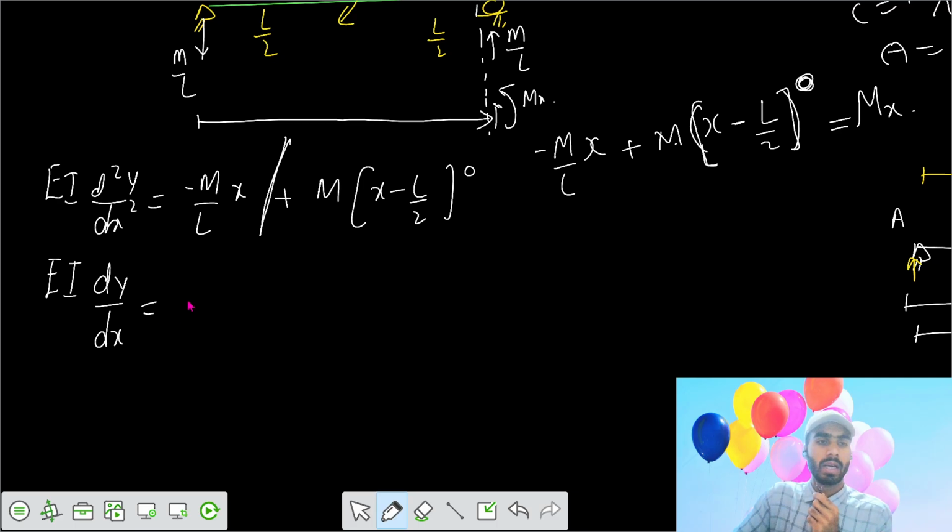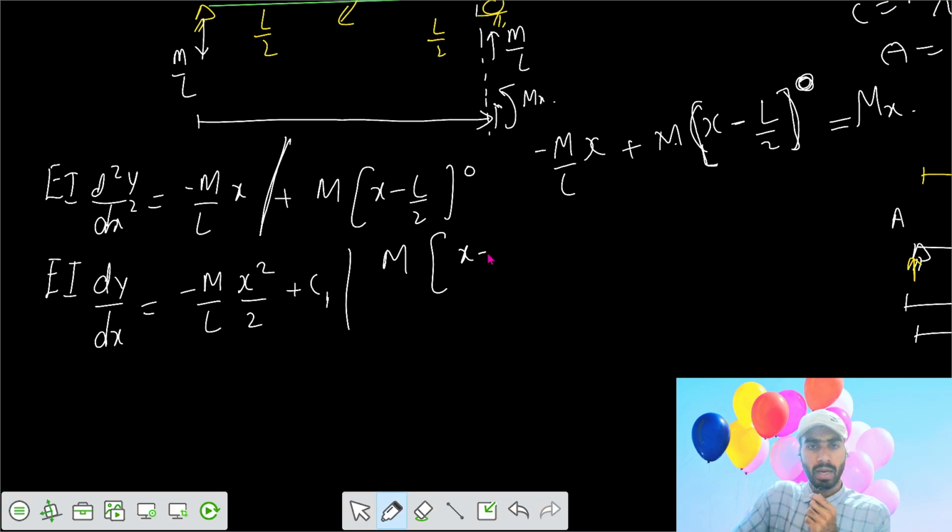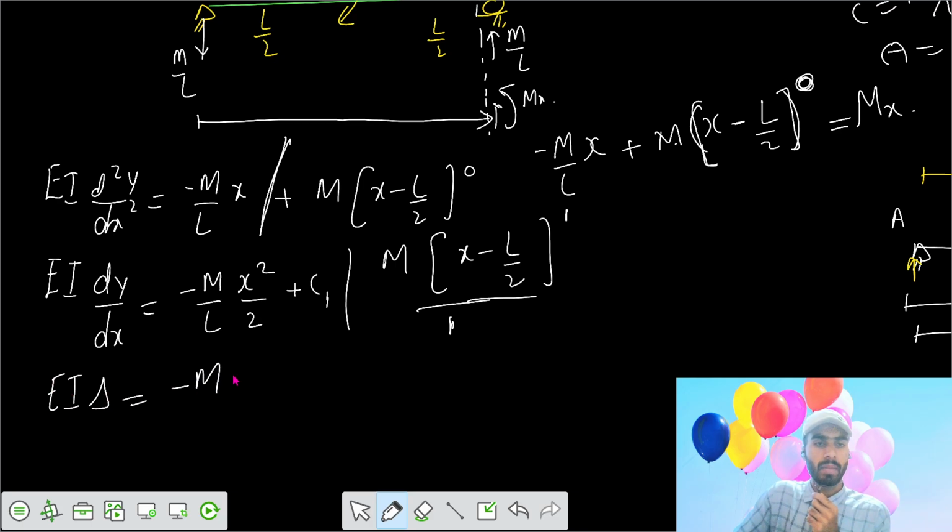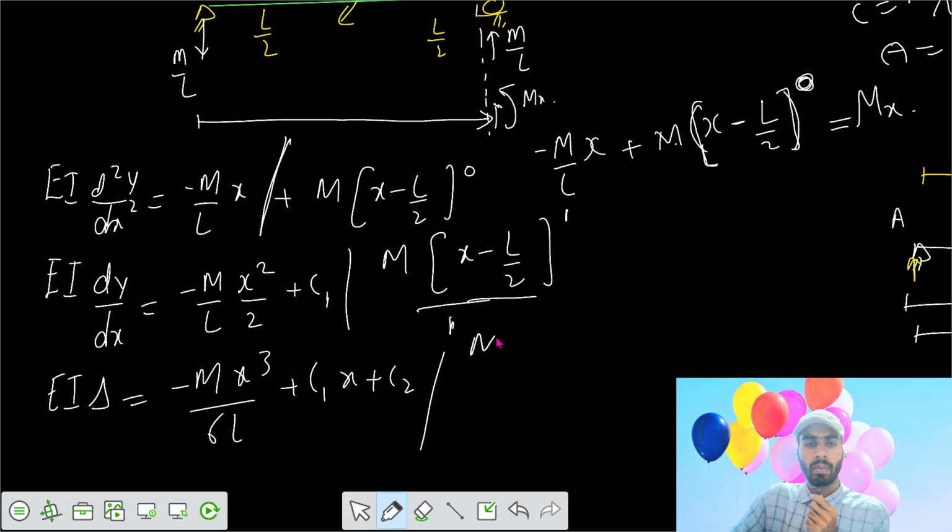First time, we get EI dy by dx equals minus M by L, x squared by 2 plus constant c1, then plus M x minus L by 2 power 1 divided by 1. Similarly, we have EI delta equals minus M x cube by 6L plus c1 x plus c2. Then we have M x minus L by 2 squared by 2.